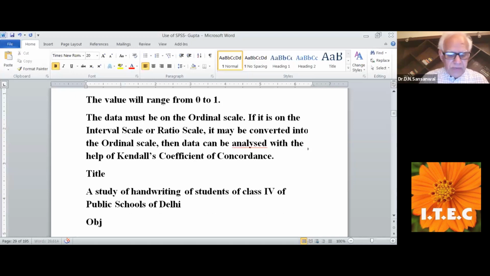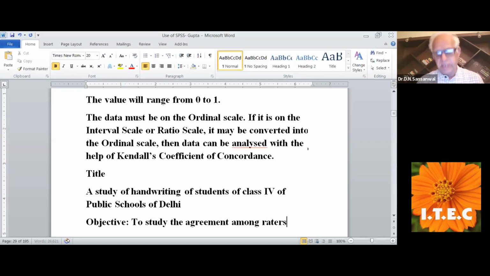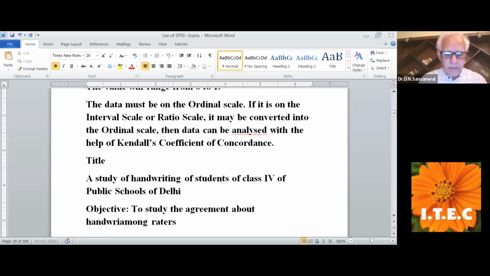And the objective can be to study the agreement about handwriting among raters.